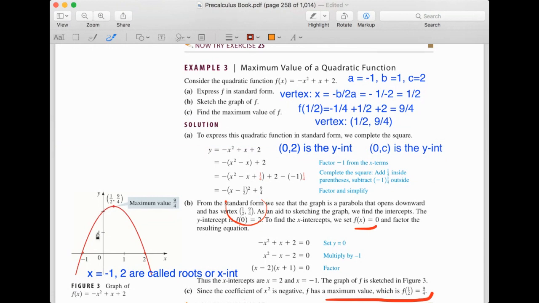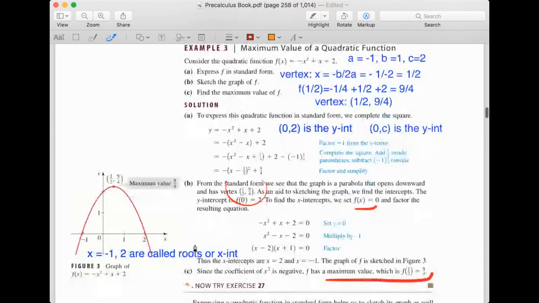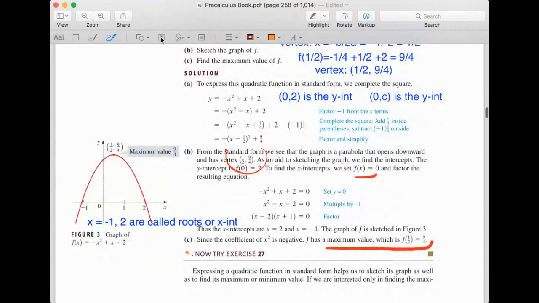Okay, last step, we need to figure out those two x-intercepts. So how do we figure out the x-intercept? Again, we set f of x to 0. This is the definition of x-intercept: the y value, or the function value, is 0. So we set f of x equals 0.